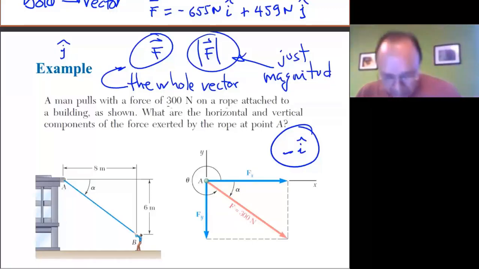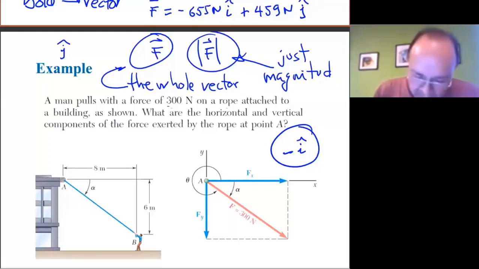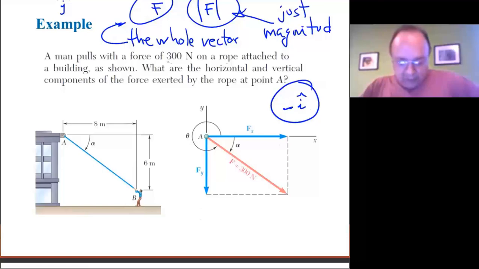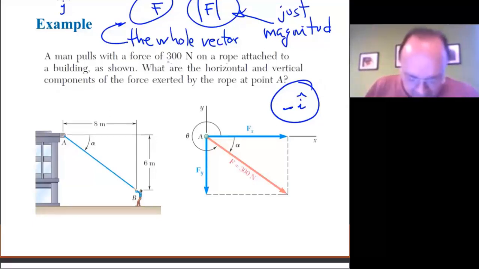We're going to do these 2 examples. Example number 1. It says here, a man pulls with a force of 300 newtons on a rope attached to a building as shown. You guys see the little guy, right? Yeah, we see it. Thank you. Okay.